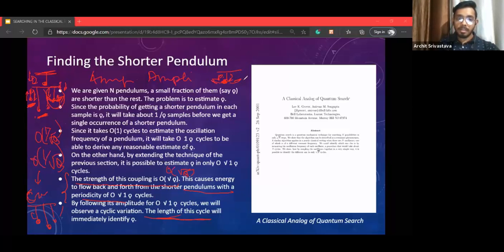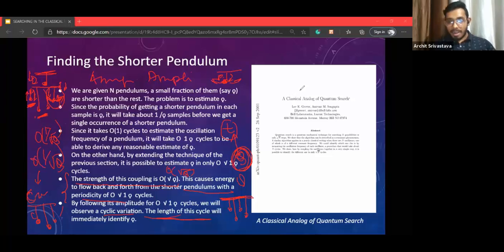The length of the cycle of this cyclic variation comes out to t. This t will give us an estimate of the number of culprit pendulums, the shorter pendulums, in the array of n coupled pendulums.